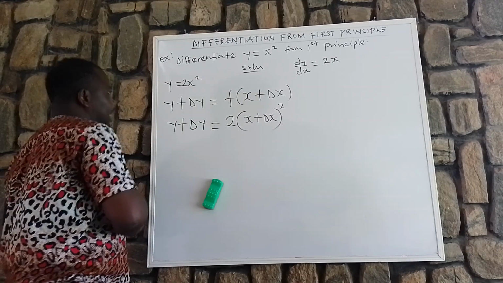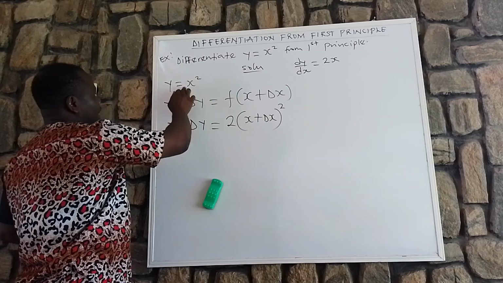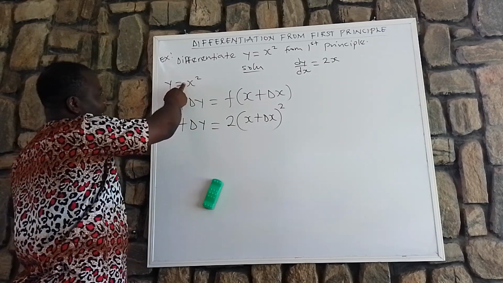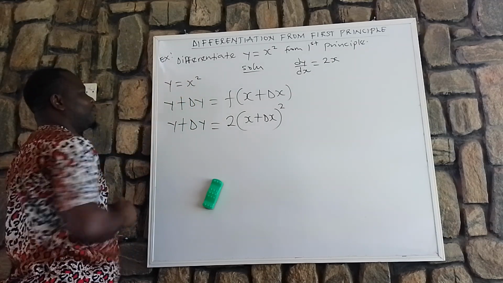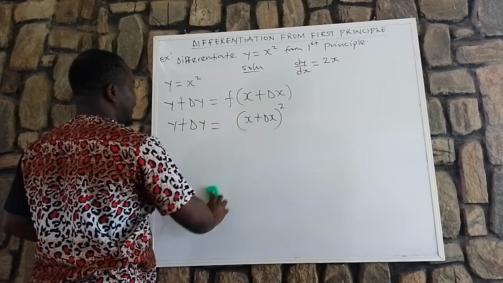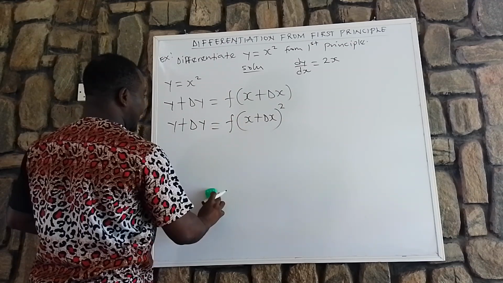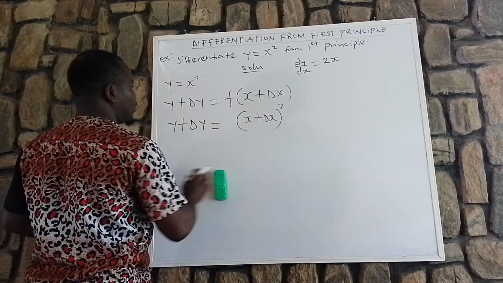But here, we don't have a coefficient of x squared. The coefficient of x squared here means an invisible one. So this 2 is not necessary. Is that clear? You are not going to write f this way. Okay. So this is what you will write.